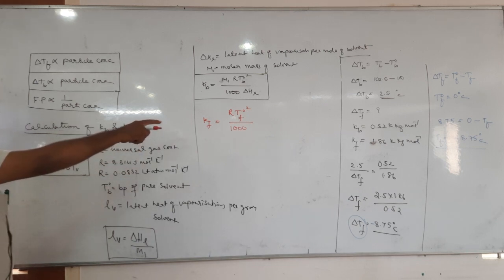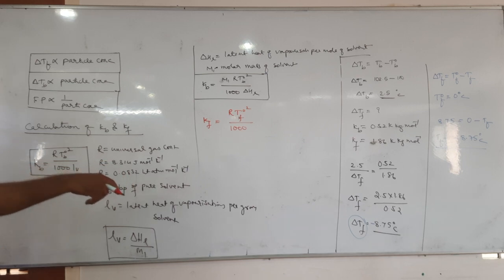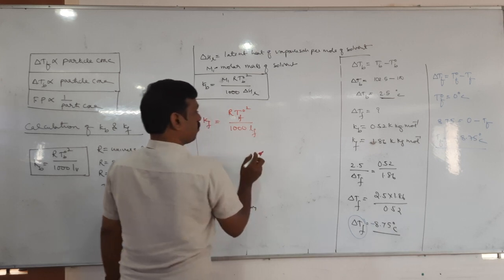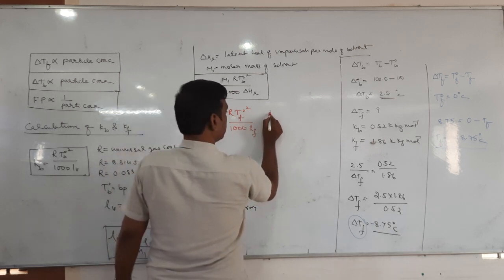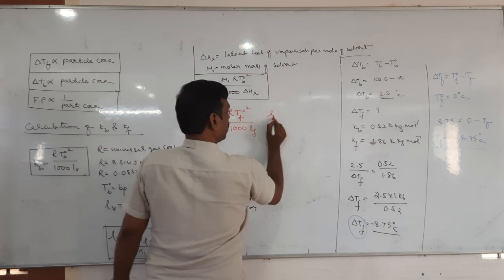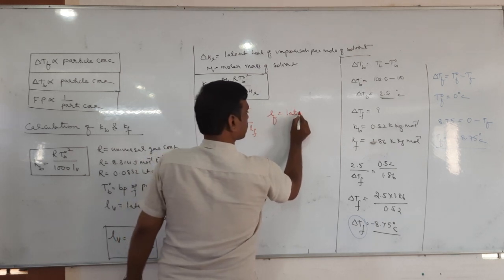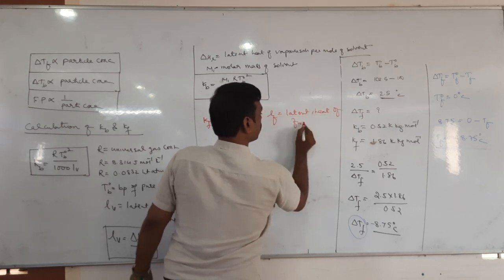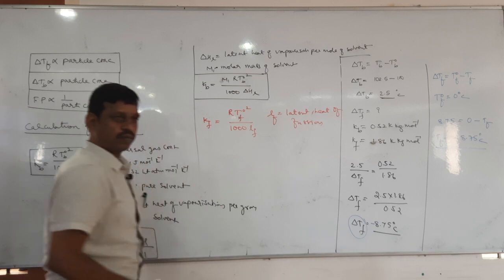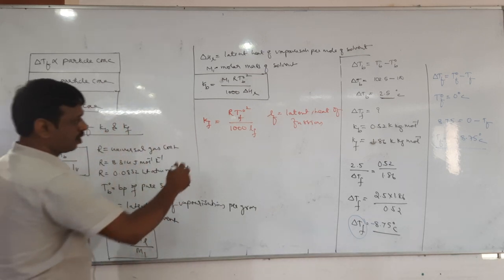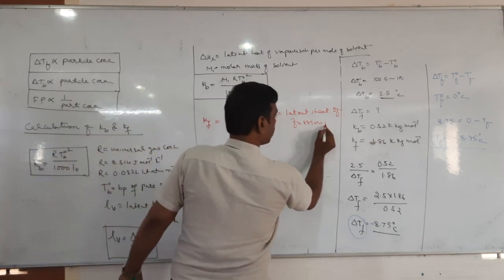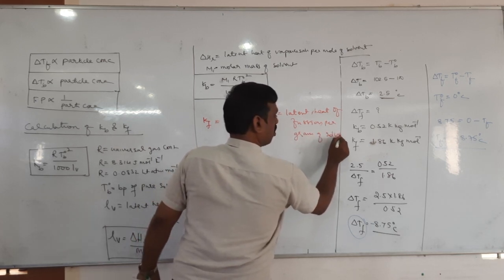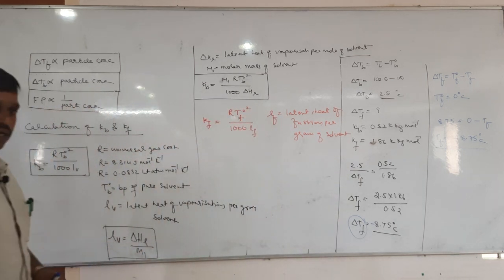Here it is fusion. Right? So fusion. Therefore, what do we write here? 1000 into LF. So all the terms are the same except LF, where LF equals latent heat of fusion. Okay. Next, this is latent heat of fusion per gram of solvent. Okay.